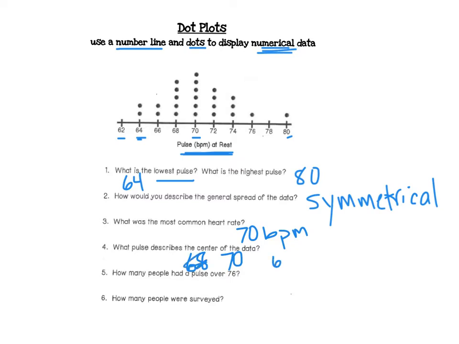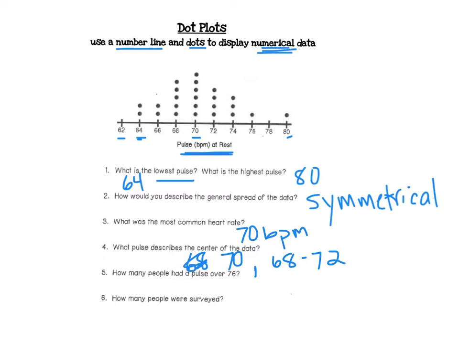I'm going to write it over here, sorry. So sometimes when you're analyzing your data, your answers can vary a little bit depending on how you're explaining yourself. Okay, so you could probably say that the exact center would be 70 beats per minute, or you could also say the center of our data falls around 68 to 72 beats per minute.